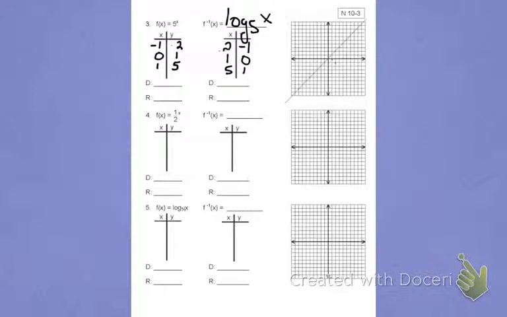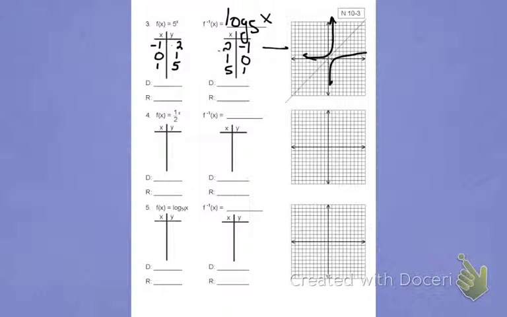Oh, that should be 0.2, not 2. So we have 1, 0, and we have 0.2, -1, which is going to be somewhere close to the y-axis. And so that curve comes through like this. On the exponential, you have -1, 0.2; 0, 1; and 1, 5 right there. And so that curve comes up pretty sharply like that.